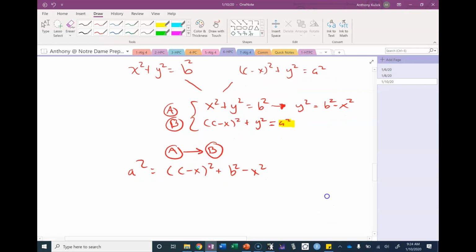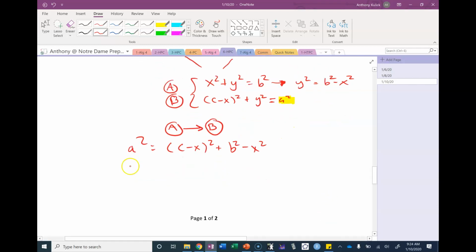What do you think we should do next? Good. Well, let's FOIL out the c minus x. So when we do that, I get c squared minus 2cx plus x squared. Is everybody happy with that? Did you notice anything here? Yeah, the x squareds are going to cancel out because I have a positive 1 and a negative 1.